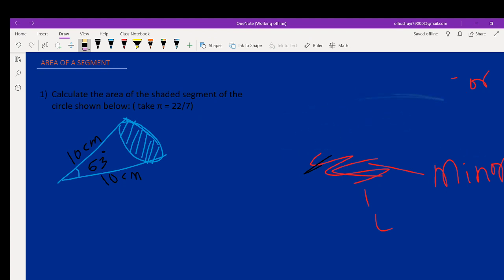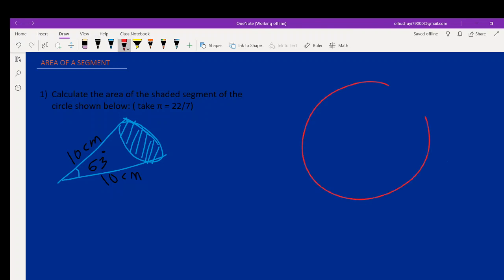Let me redraw this. If you don't have one, you form a sector out of the circle. So you are looking for the area of this place, and this is a sector on its own.